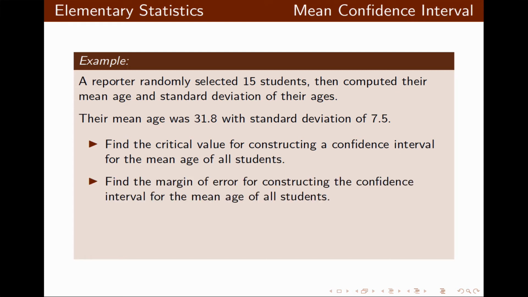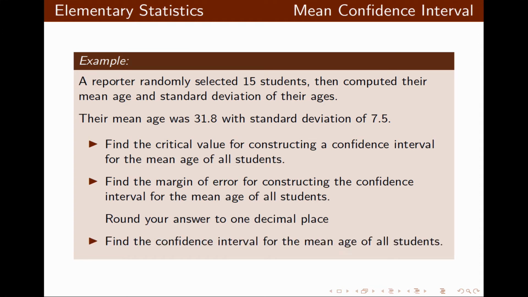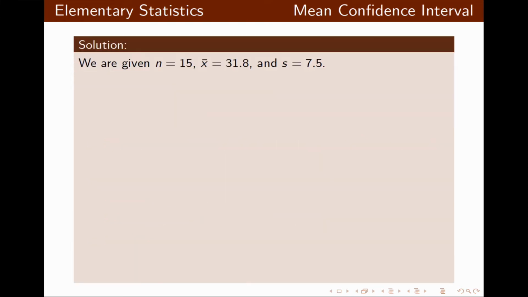Then we're going to find the margin of error, rounded to 1 decimal. And then we're going to find the confidence interval for the mean age of all students. So we're given n equal to 15, x bar equal to 31.8, and s equal to 7.5.